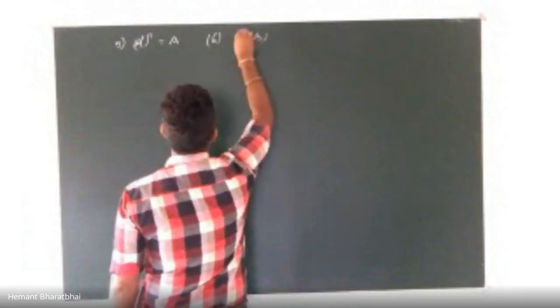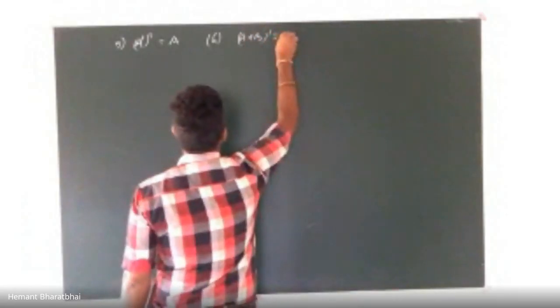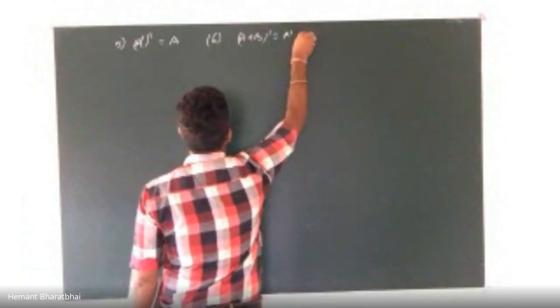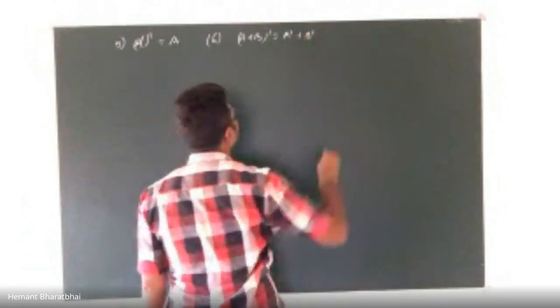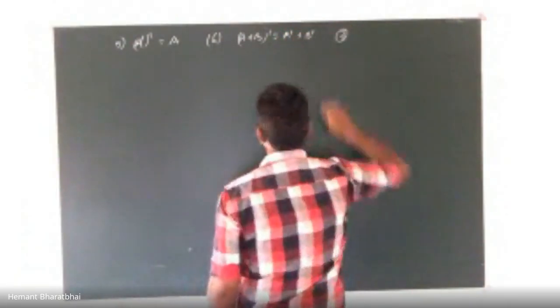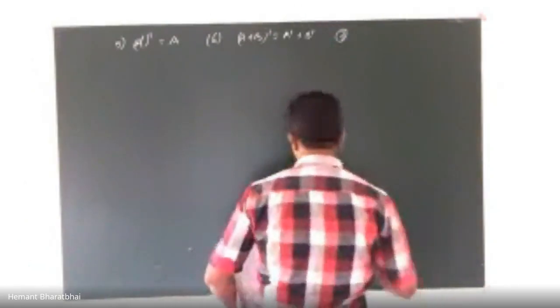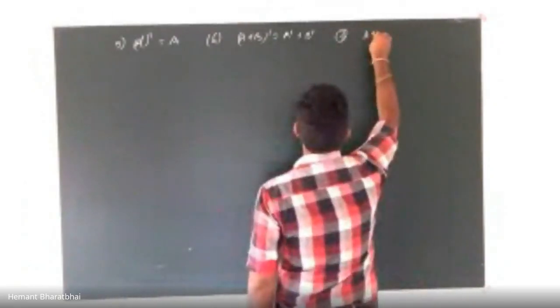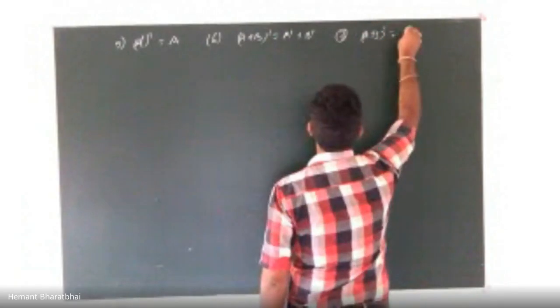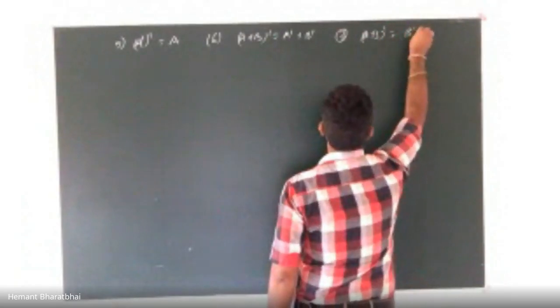If you take the transpose of a transpose, you get the same matrix. Then the next property is: A plus B, the whole transpose, is nothing but A transpose plus B transpose. Then next is: A into B, the whole transpose, will be B transpose into A transpose.